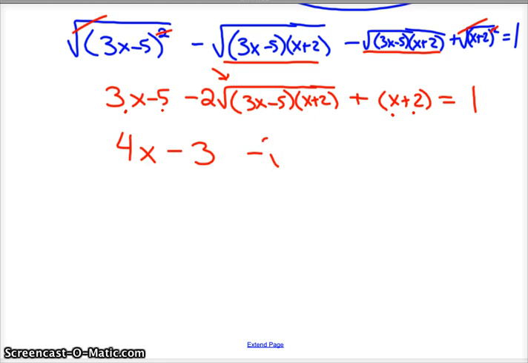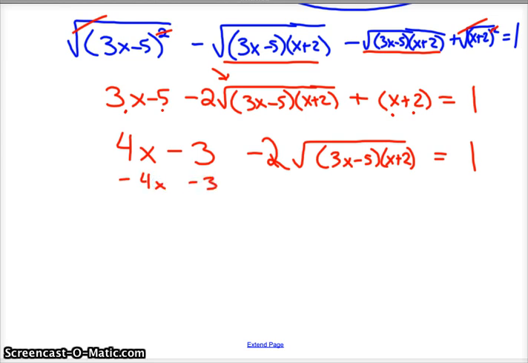And you want to really watch out to make sure you don't make a mistake, because one mistake kills you in this thing. And that equals 1. And then I'm going to move everything to the right, and so I'm going to subtract 4x and subtract 3.